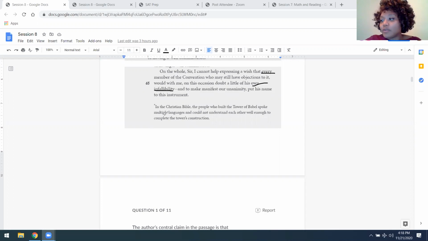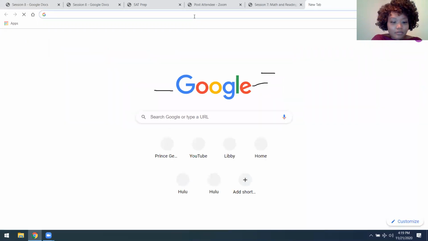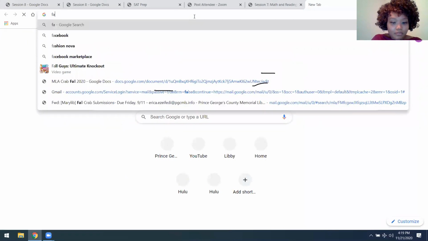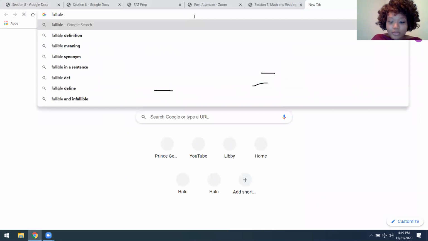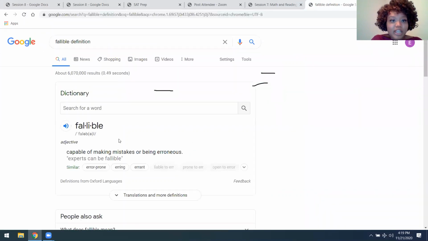Just giving you different ways to remember words. So if you're fallible, you could just take off the IN. Fallible means capable of making mistakes or erroneous.